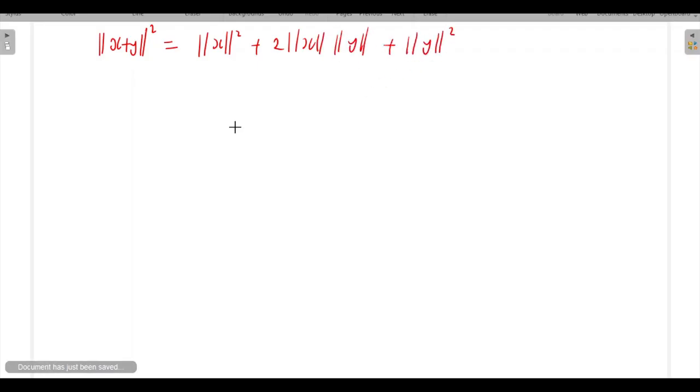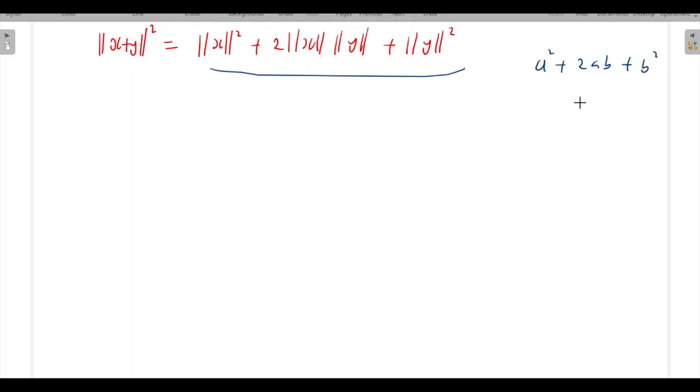Okay, so if you are still following, if you look at this, it looks like a perfect square. If you have a squared plus 2ab plus b squared, if you factorize this, you see that you have a plus b squared. It is the expansion of a plus b squared that gives this. The same thing if you have x squared plus 2xy plus y squared.